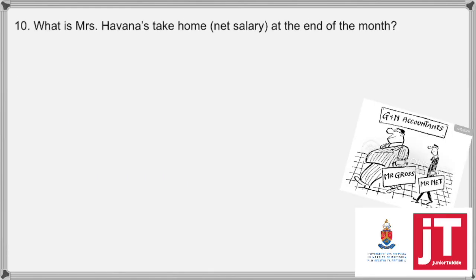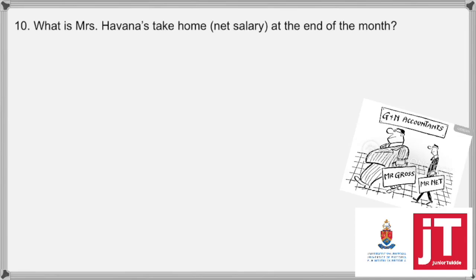What is Mrs. Havana's take-home or net salary at the end of the month? And you need to understand this. If we look at this little picture here, we have Mr. Gross and Mr. Net. So Mr. Gross is the round little man or round big man, and Mr. Net is the thin man. So there's a difference. The gross salary is the total cost to company that the company will have to pay to employ you.